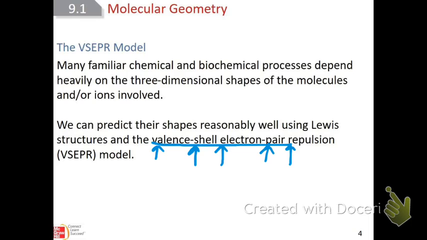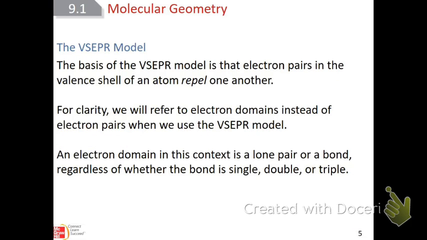The total basis of this has everything to do with those electrons, especially the unpaired electrons, the ones that are not being shared between atoms, those lone pairs of electrons. So we're going to learn a new word today, and that is domain.